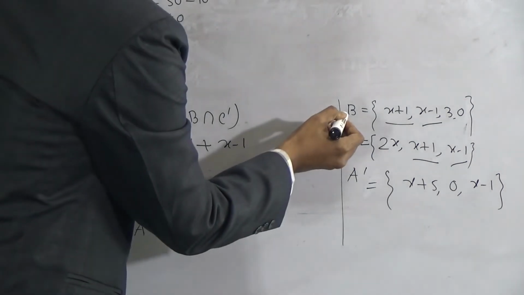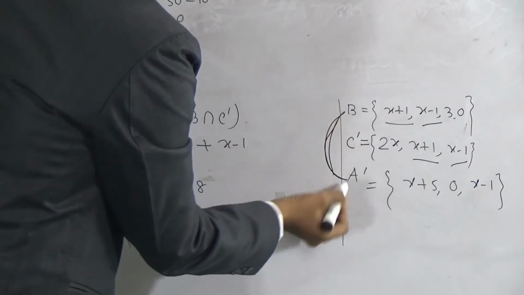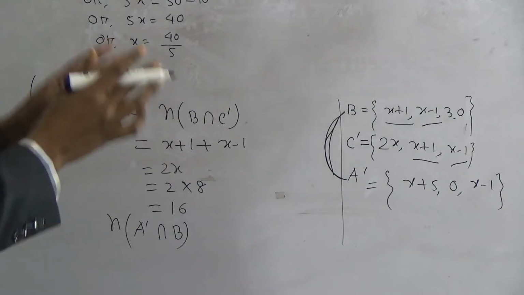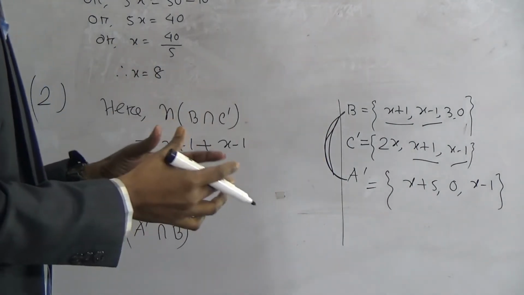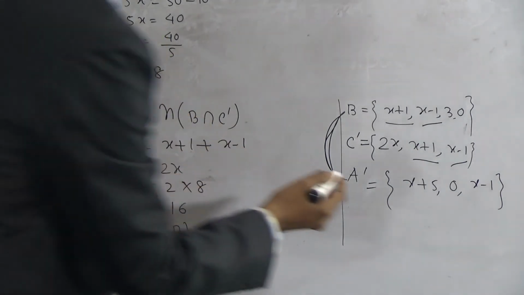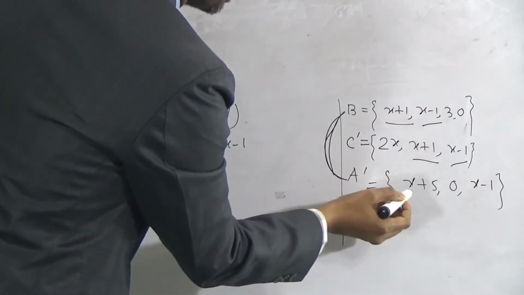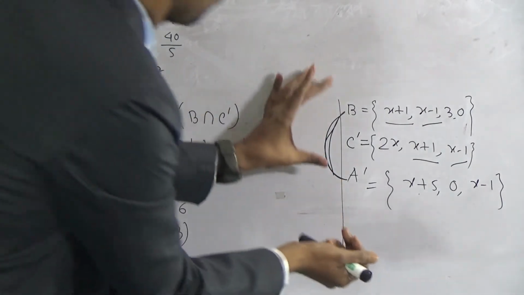Now you see this is A complement and this is B set. We have to determine now the intersection elements. You see which one is the common. There is no x plus 5 in B set.